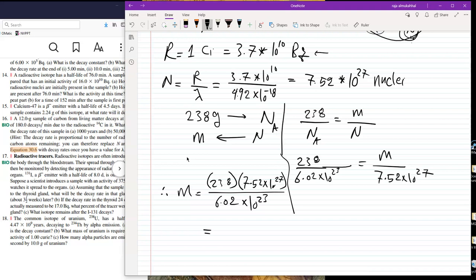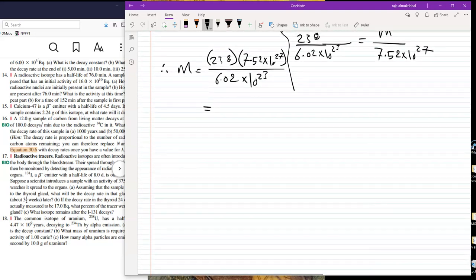I got 2.97 times 10 to the power of negative 27 kilogram. Did I get this right? I think so. I hope so.